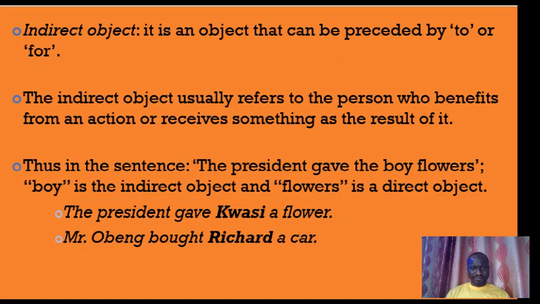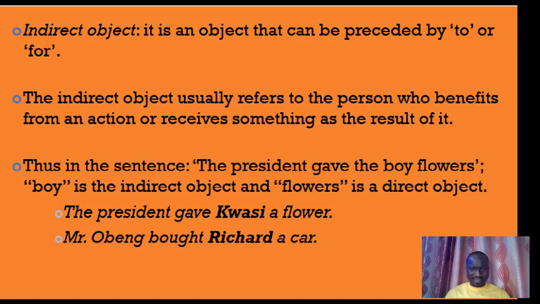Indirect object. It is an object that can be preceded by "to" or "for." The indirect object usually refers to the person who benefits from an action or receives something as the result of it.